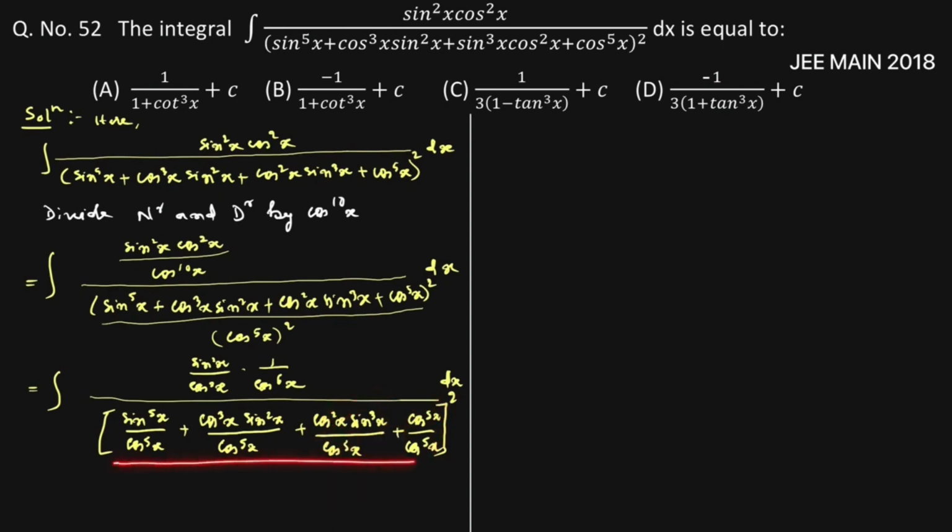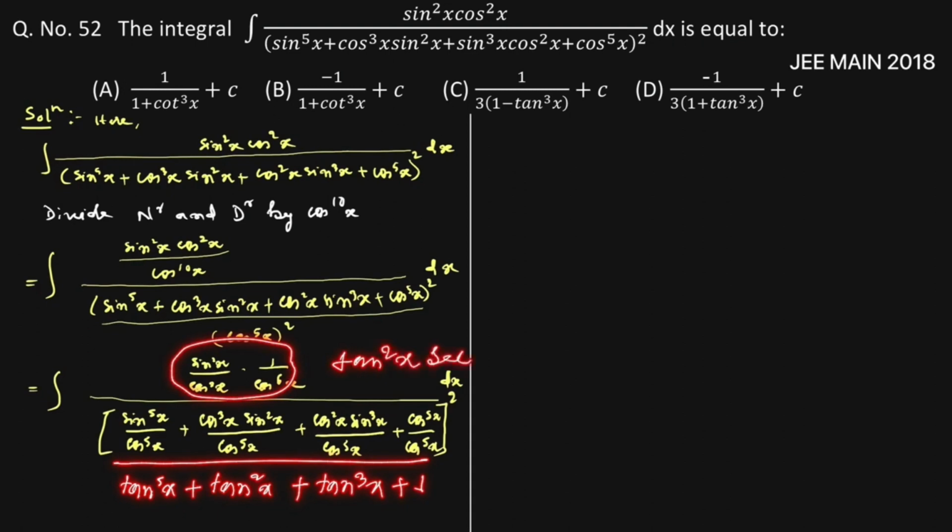So in the denominator we will get tan to power 5x plus tan square x plus tan cube x plus 1, and in the numerator we will get tan square x and sec to power 6x.